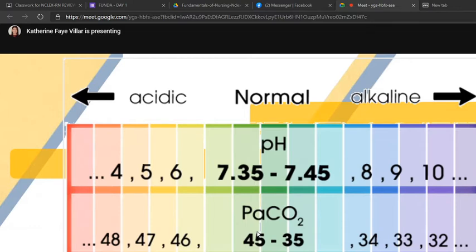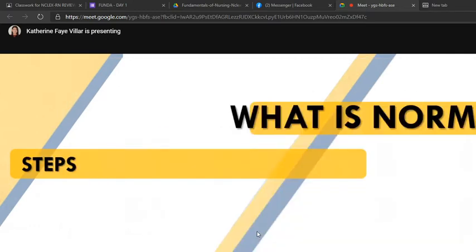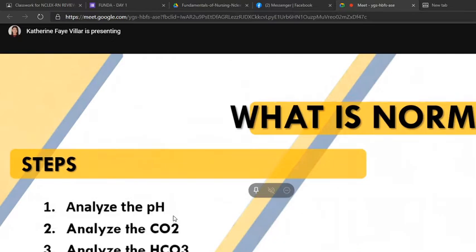Kasi, ang basis po natin talaga dito to check if there is an acidity or alkalinity is to check yung value ng ating partial pressure of carbon dioxide and yung value ng ating bicarbonate. Okay? So, what are now the steps in analyzing this?